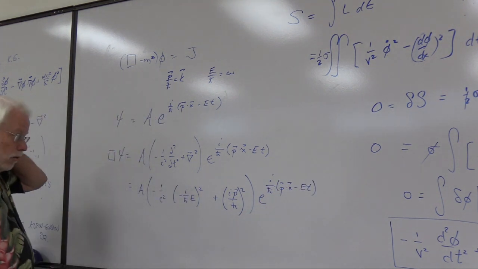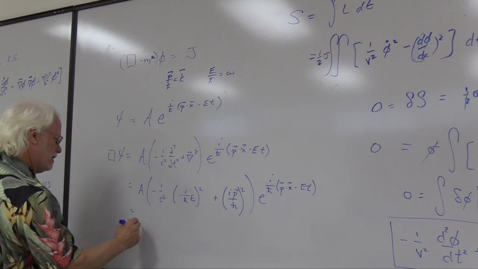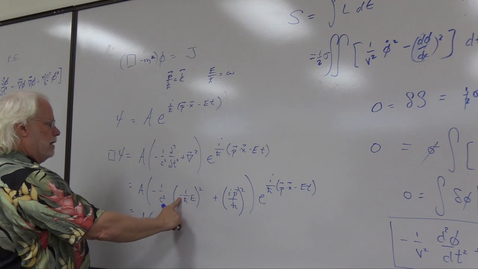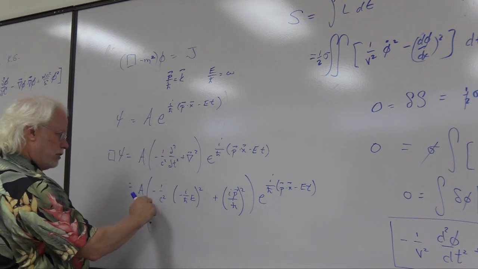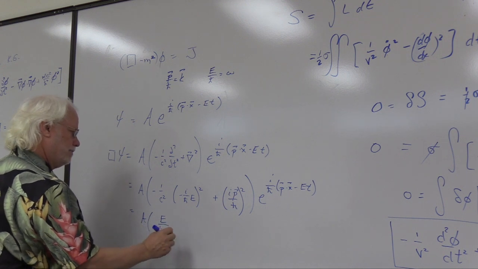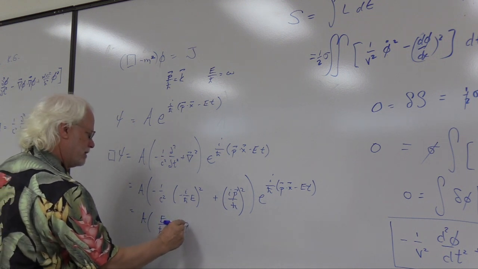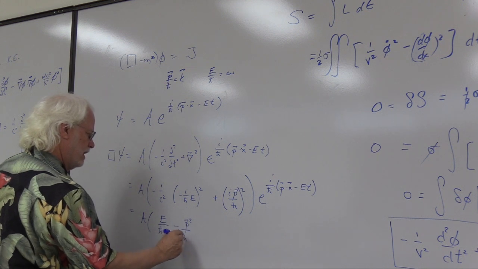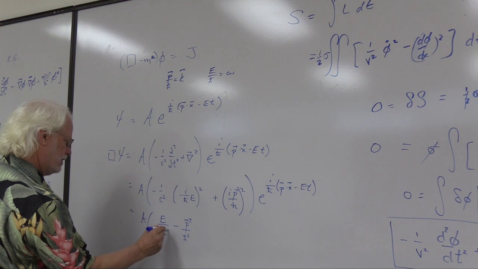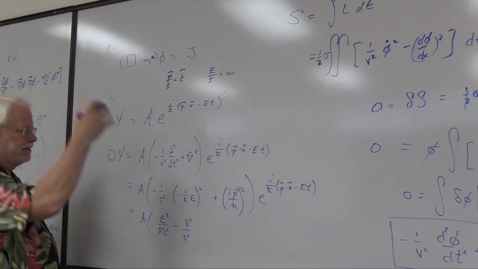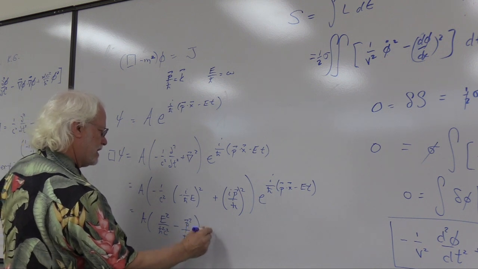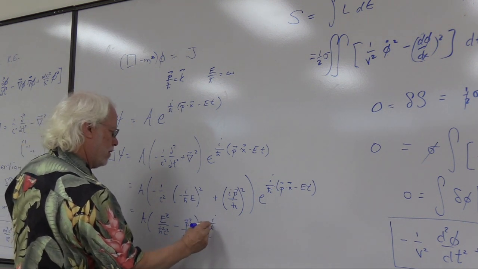All right, and now let's fix the signs here. That sign goes away. i squared is minus 1, so this term becomes plus. So we have E squared over h bar squared c squared. Then here we get minus p squared over h bar squared. Everything's squared. Times the exponential, e to the i over h bar.